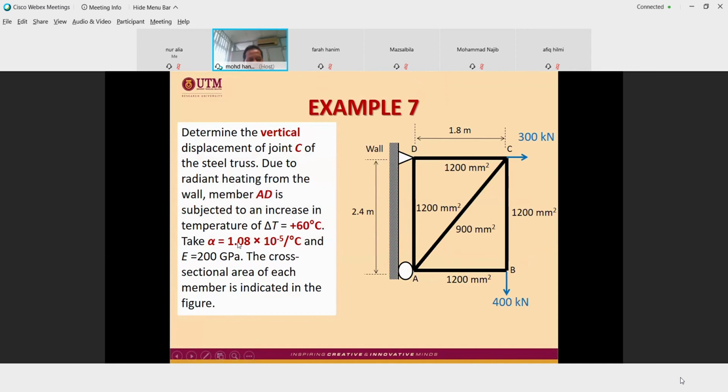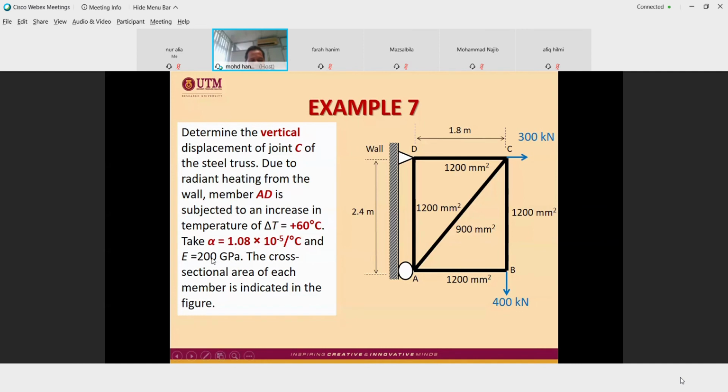Take alpha equal to 1.08 multiplied by 10 to the power of minus 5 per degree Celsius. You know already the unit of alpha, the thermal expansion coefficient: the unit is per degree Celsius.